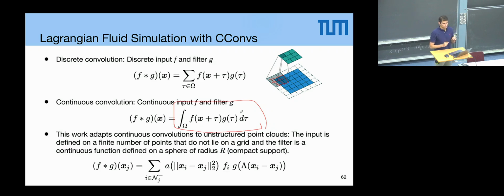But although the nodes can be anywhere in space, they are discrete. We don't have a value for every location in space. So what they are going to do is have a continuous kernel, but still a discrete signal. And the kernel that they have, the continuous kernel, is this one, which has a compact size.